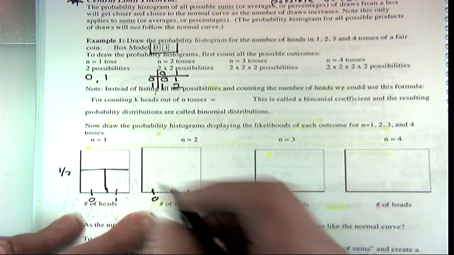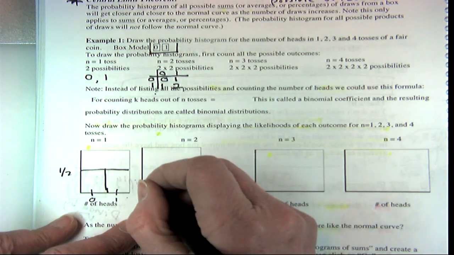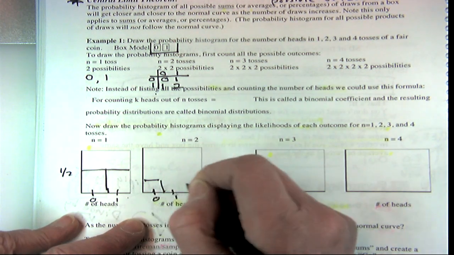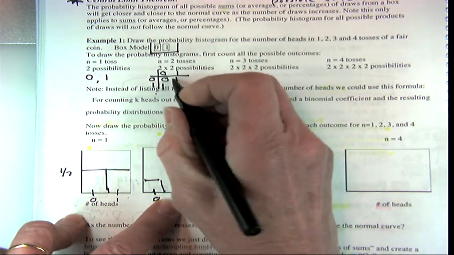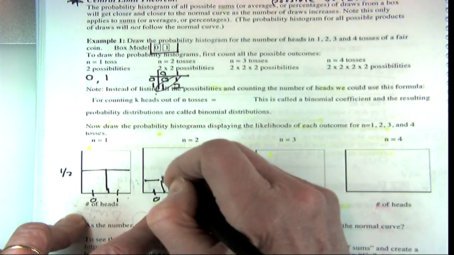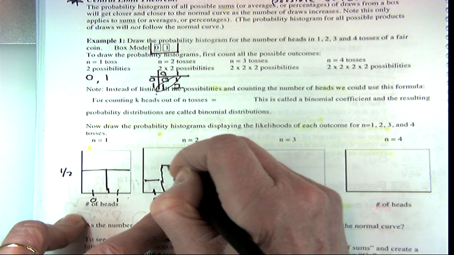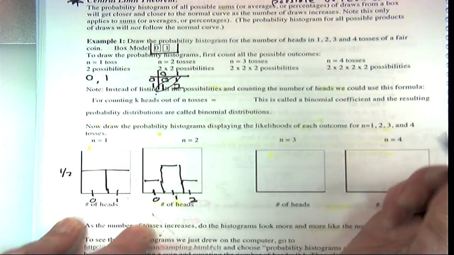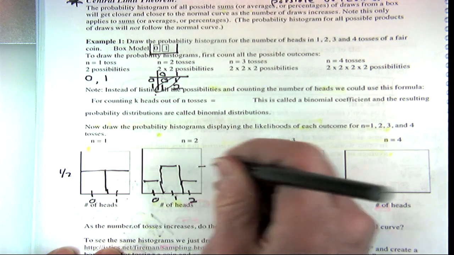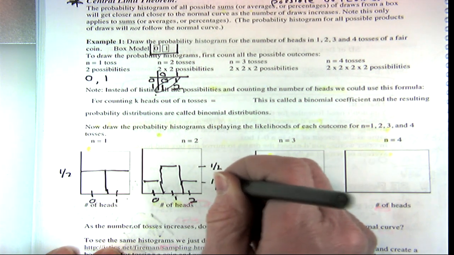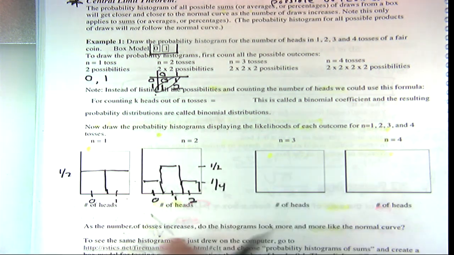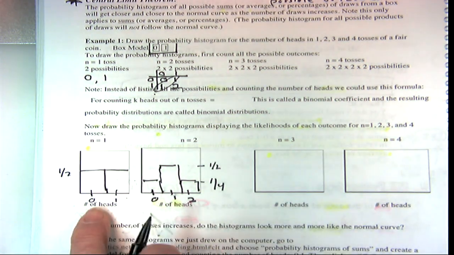That's 1 out of the 4, which would be a quarter. So this would just be a quarter high, and this would be a quarter high. And there's 2 ways to get 1, so it's going to be 50% of the time, 2 out of the 4. So that's what it would look like. Right here would be a half, and right here would be 1/4. Can you see that it already looks more like the normal curve than that one?